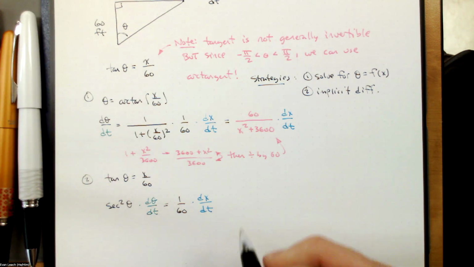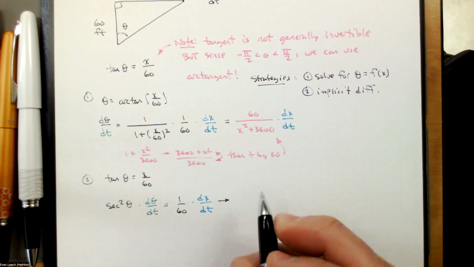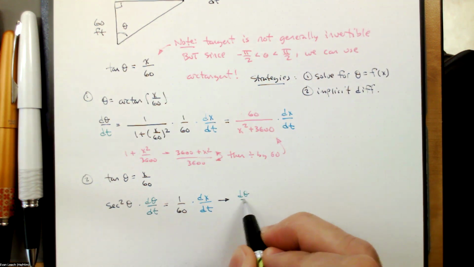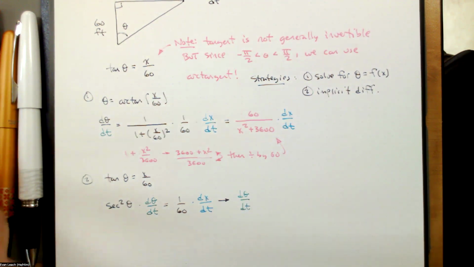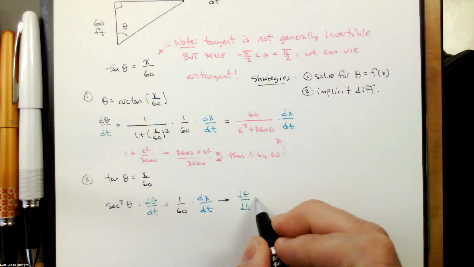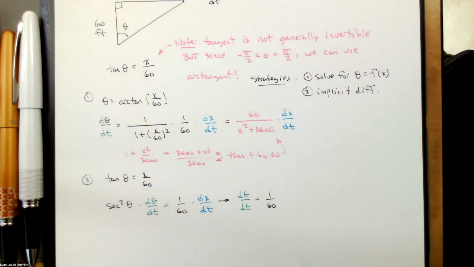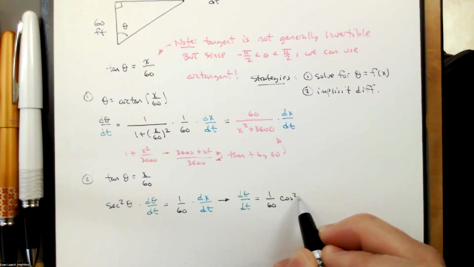So what we're solving for in this case is not theta. We're solving for d theta dt. So we'll divide by secant squared, so we'll multiply by cosine squared.